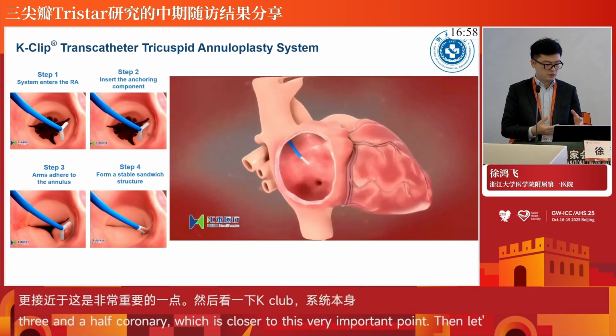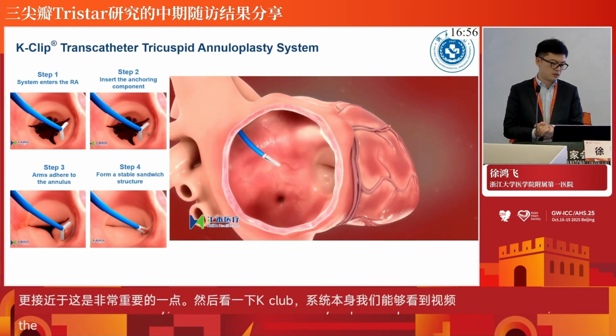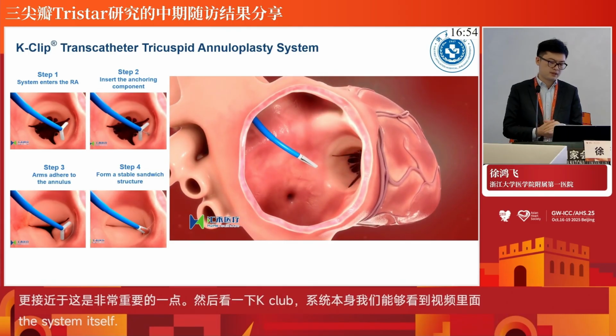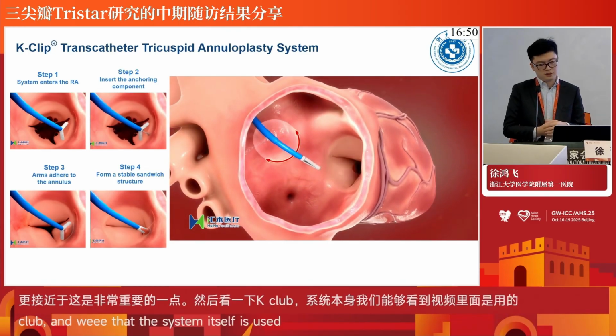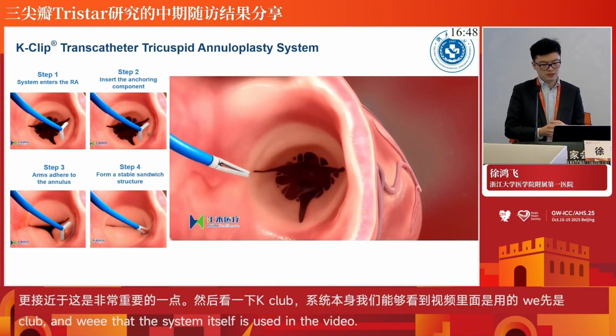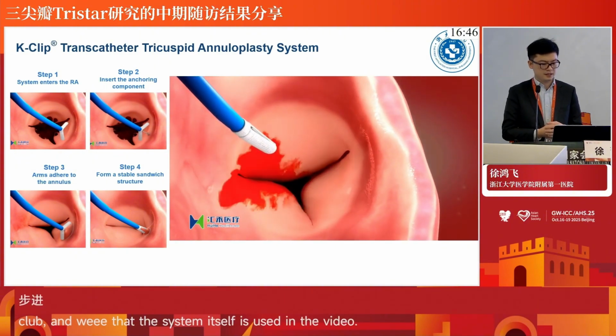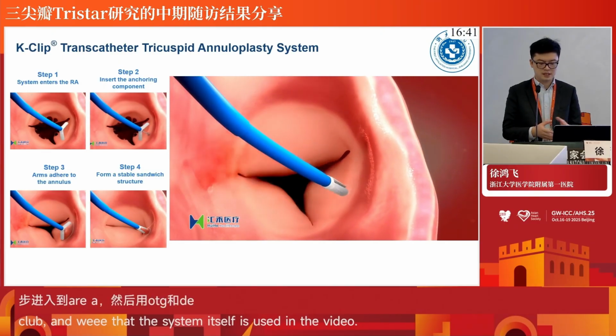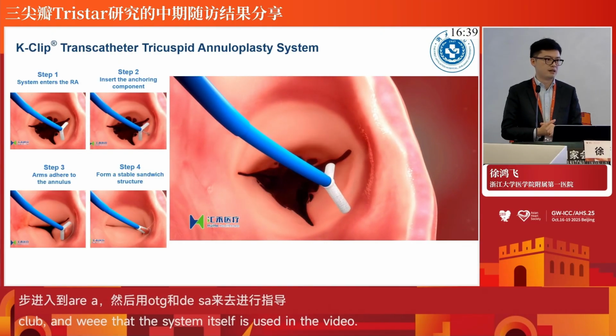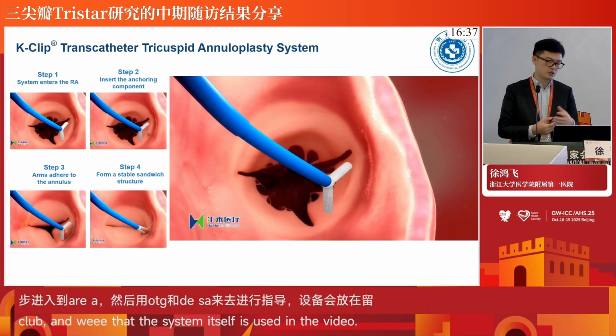We used the jugular vein to approach the place, and we do the procedure under the guidance of TEE and DSA. The device will just stay in the right atrium. We don't need to cross the valve, and we don't need to go to the ventricle.